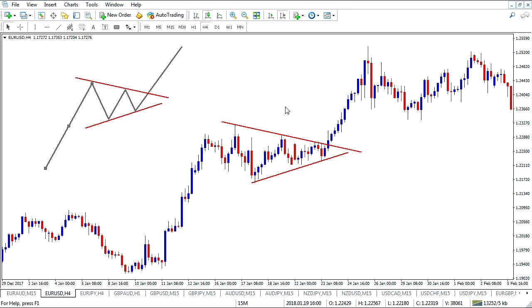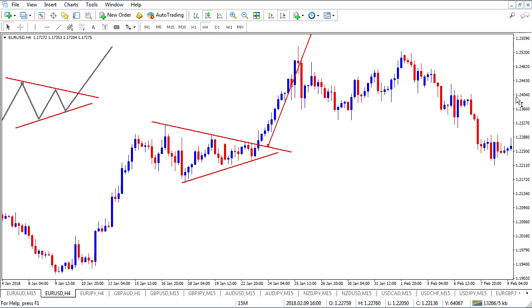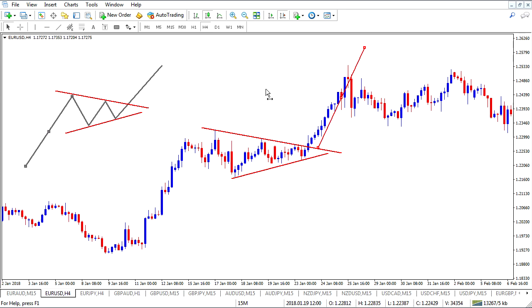Now, generally speaking, this formation is traded when the market breaks out of the trend line. We get a close above or below the trend line, and determining the length of the pole will give us an ideal target. Now, this example shows that this isn't always going to be the case.